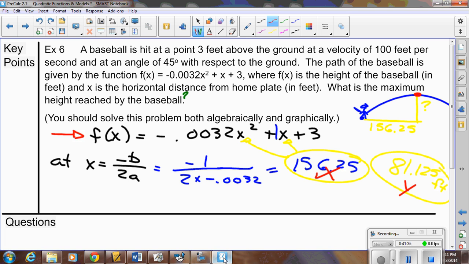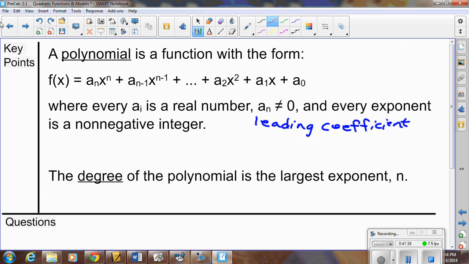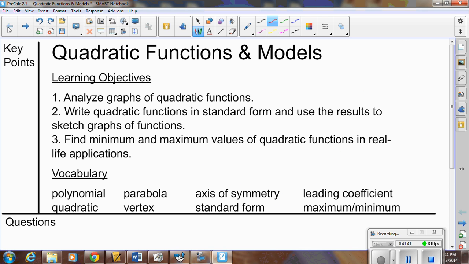So, finally shutting up for the day. For quadratic functions and models, we had the 3 learning objectives. You should be able to analyze the graphs. Analyzing the graphs is about doing opens upward, opens downward, where's the vertex, where's the axis of symmetry, all of those pieces.